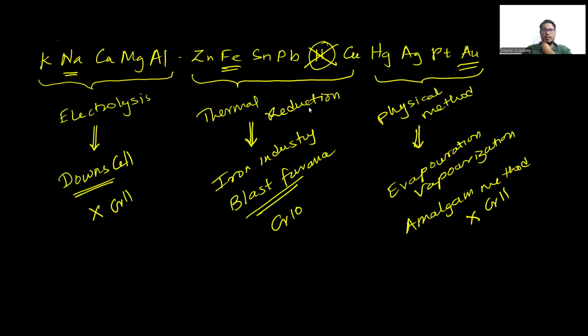Cu belongs to thermal reduction, yes. According to our O-level syllabus, Cu belongs to thermal reduction. For the physical method, they say some places you can get it, but normally in our syllabus, we go with thermal reduction.